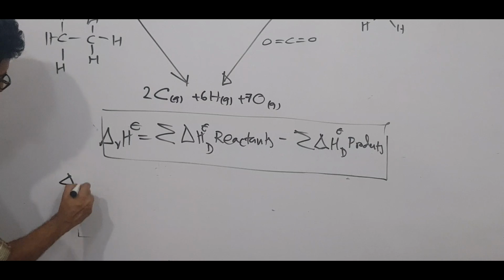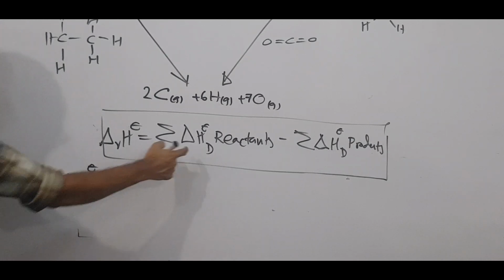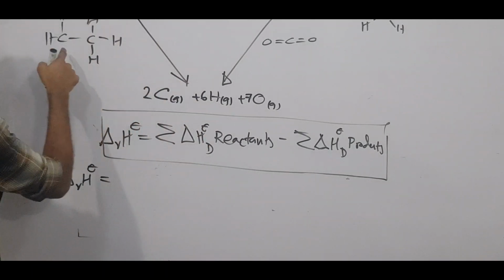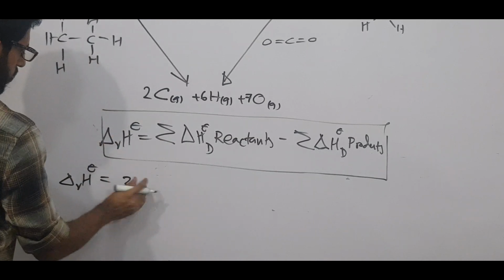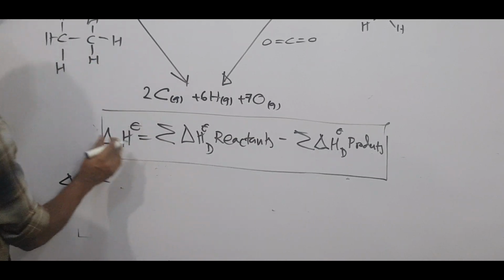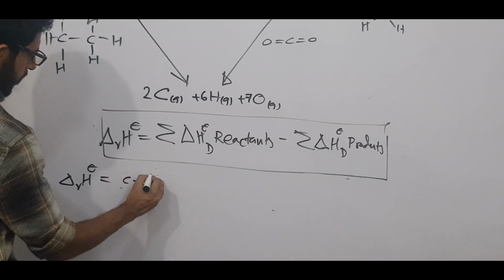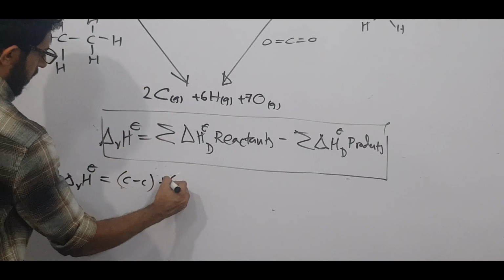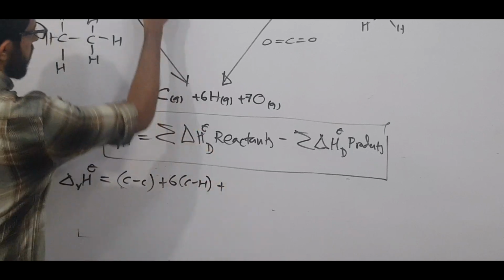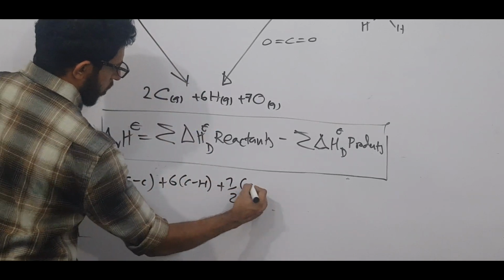If you apply this, delta H equals reactants, C2H6, that is 1 CC bond plus 6 CH bonds plus 7 over 2 oxygen to oxygen double bonds.